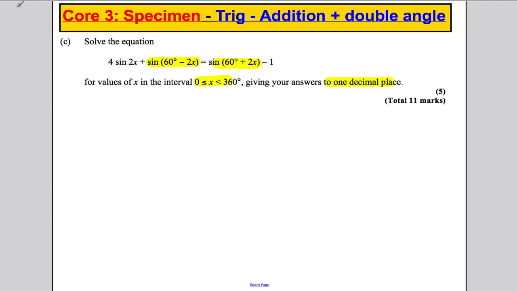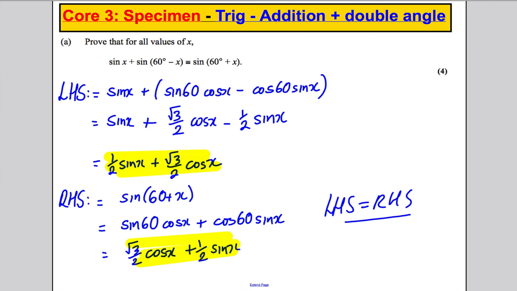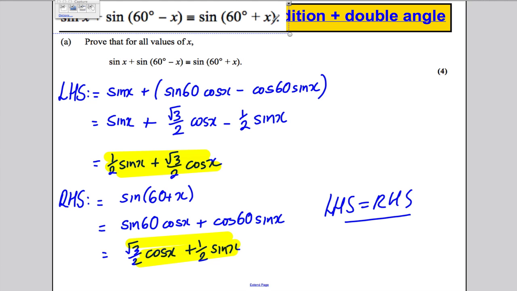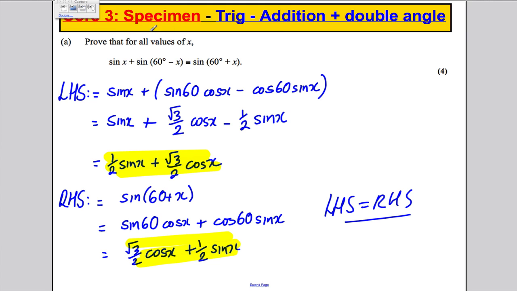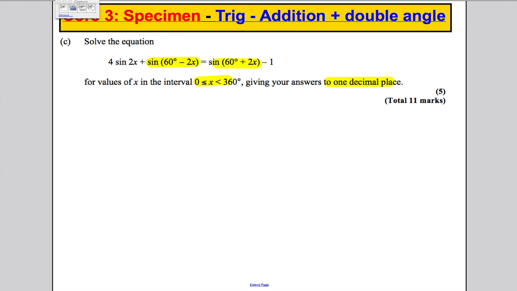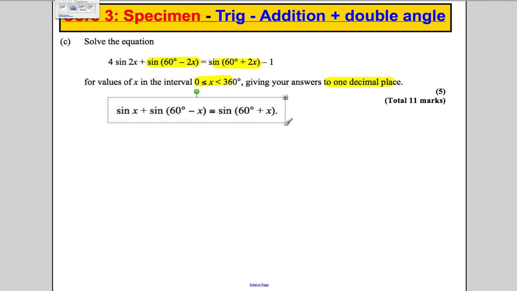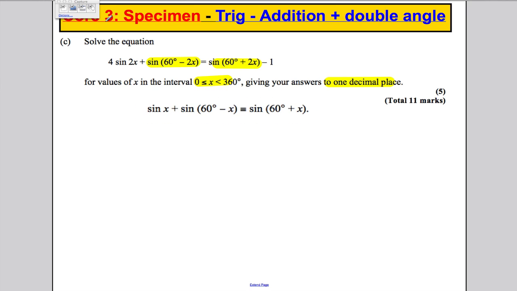So what I'm going to do is go back to the previous slide and just take a copy of the thing we previously worked out. These questions always rely on previous working. So this is what we previously showed for any x.